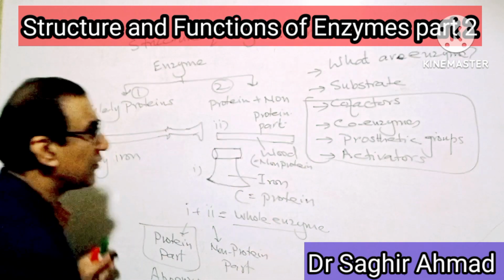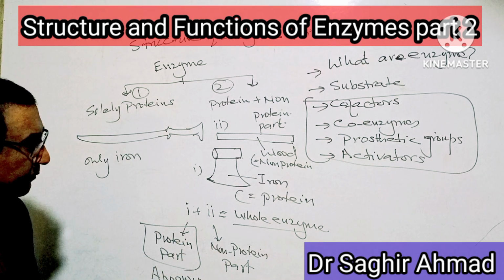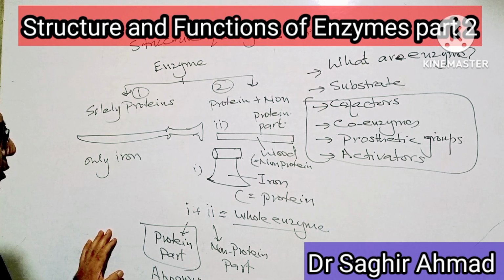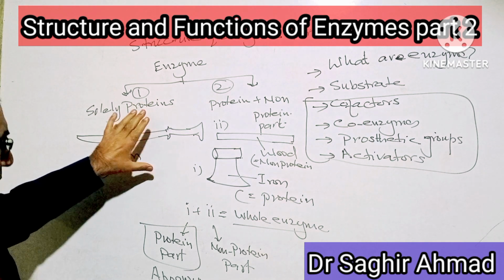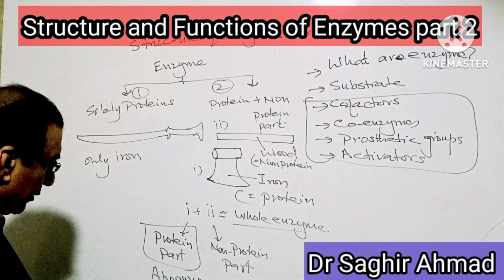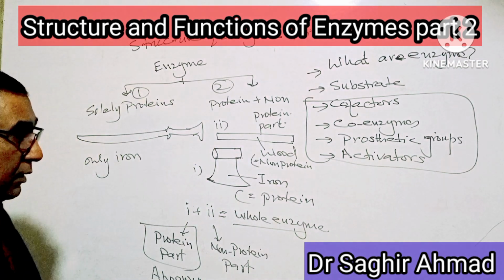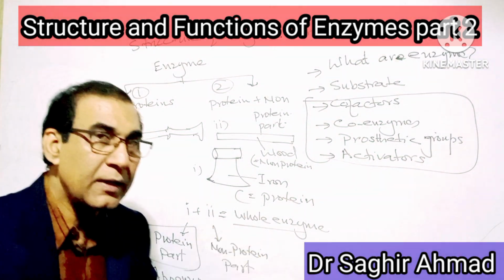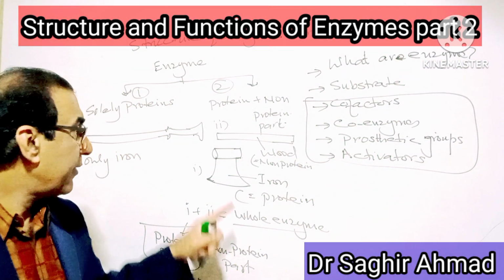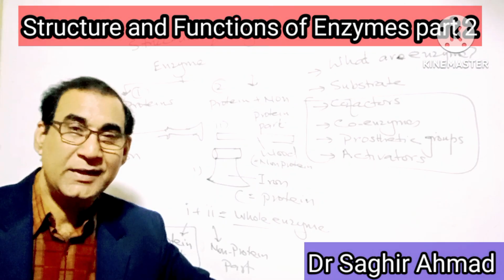So these are the terms which I wanted to make you people understand: the apoenzyme and holoenzyme. These are the terms you must know. The protein part plus non-protein part combined together form the holoenzyme.